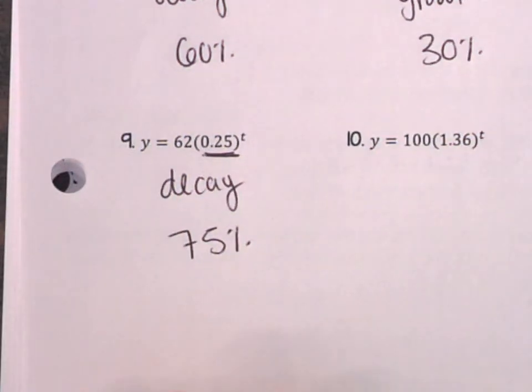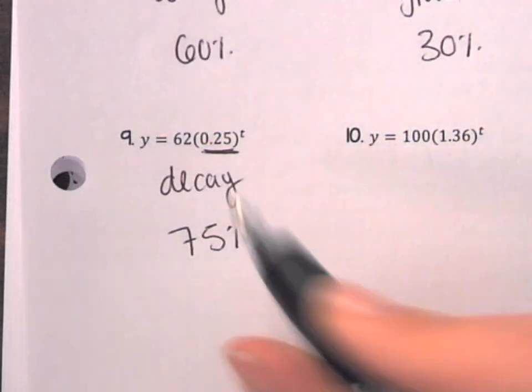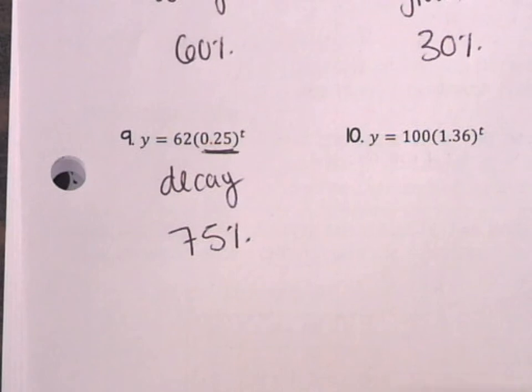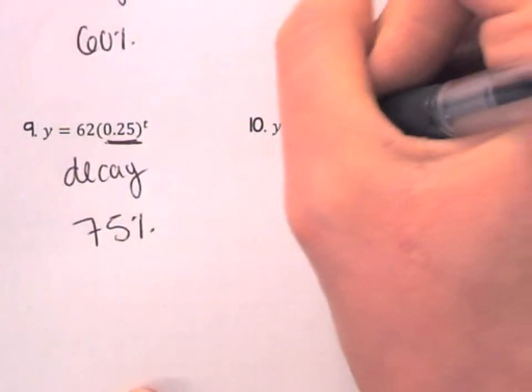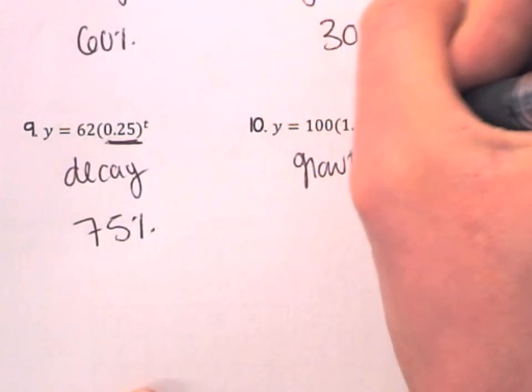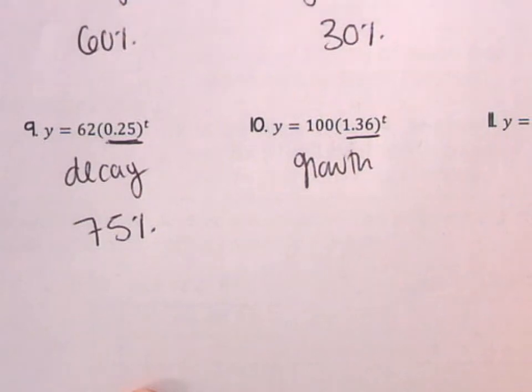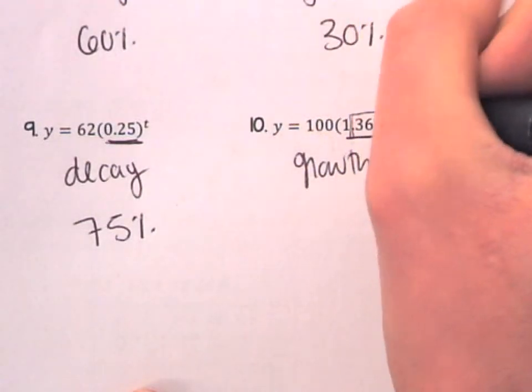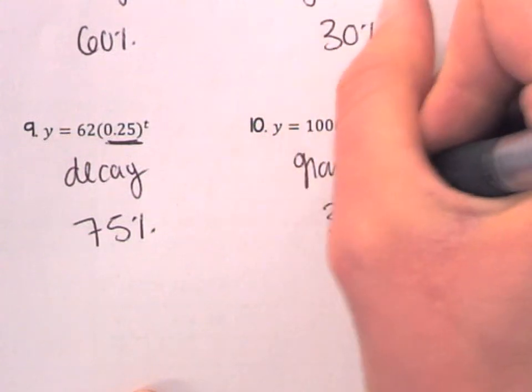And you can figure that out by doing 1 minus this amount on your calculator, and it'll tell you what's left over. On number 10, this is showing growth because it's greater than 1 inside of here, 1.36, and the 0.36 is the part that's been added to the 1, which is 36%.